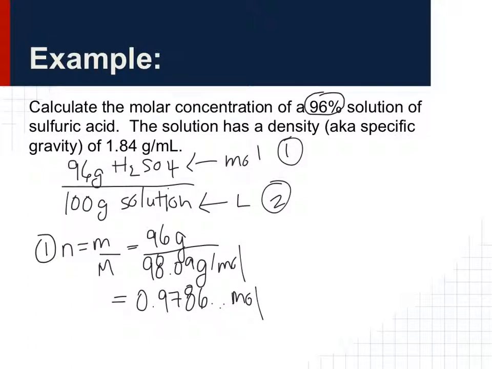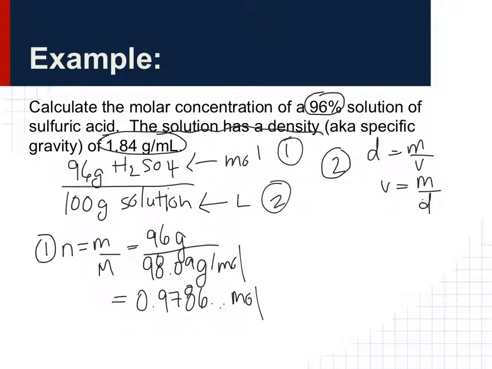For part 2, we've got 100 grams of solution, and we're told that the solution has a density of 1.84 grams per mL. So we want to change this 100 grams of solution into a volume. We're going to use our density as mass over volume formula. Solving for volume, we take mass and divide it by the density.